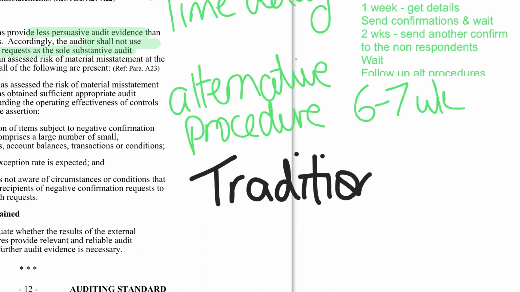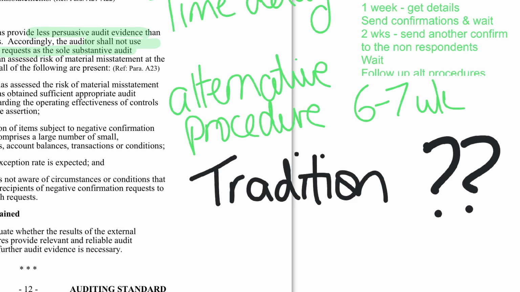They said, we do confirmations because it's tradition. And I said, they're not very efficient, they're not very effective, they're expensive, so why on earth are we doing a procedure just because it's a tradition?